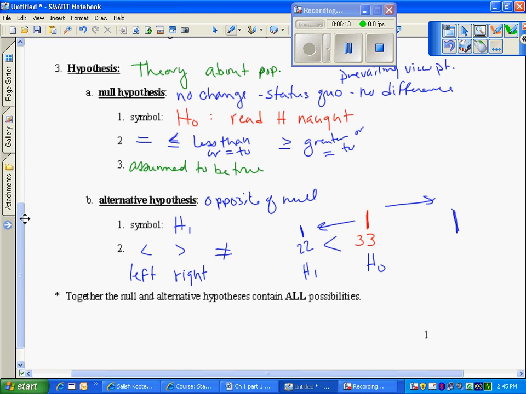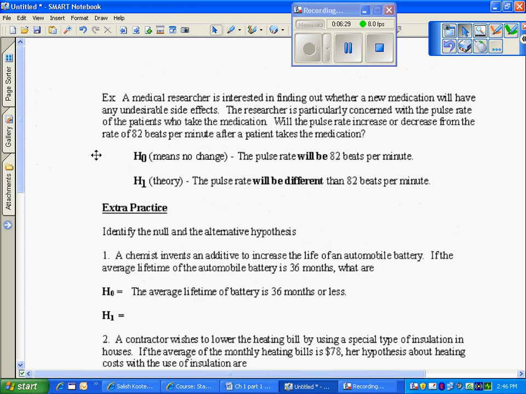As a researcher, I might say, the average age is not 33. I'm not sure if it's left or right, so we're going to call that two-sided. So together, the null and the alternative make up all the possibilities. And you'll see that here when we do some examples.